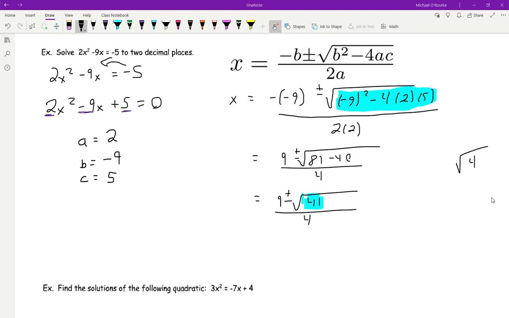Because the square root of 4 is 2 and negative 2. Do you guys agree with me? Because negative 2 times negative 2 equals 4. Right?